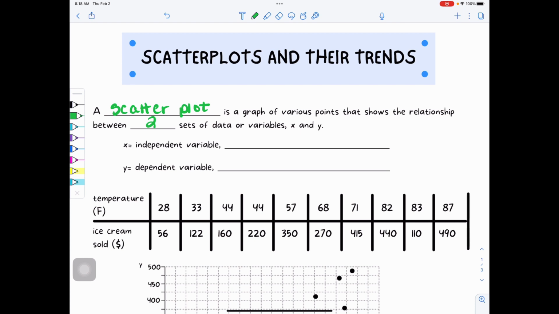So two sets of data means that we're going to have an x and a y. The x will be the independent variable. If you are the independent variable, that means you do not rely on other data.